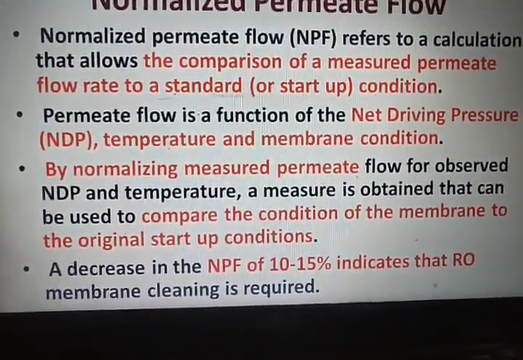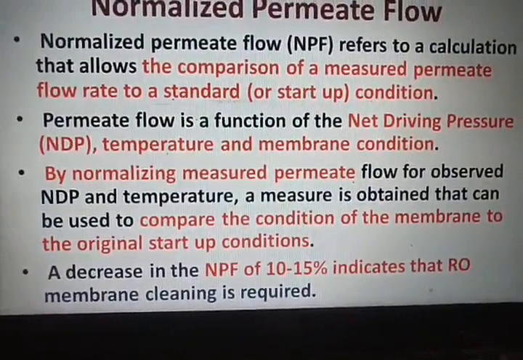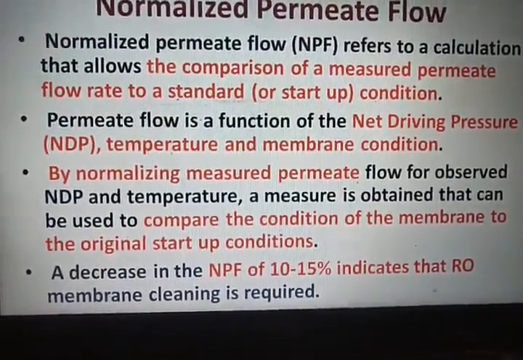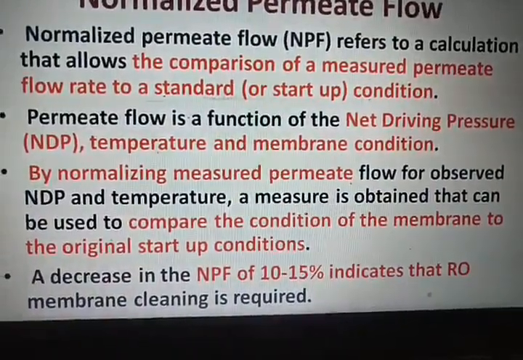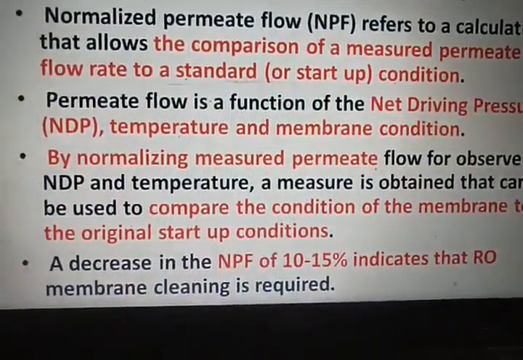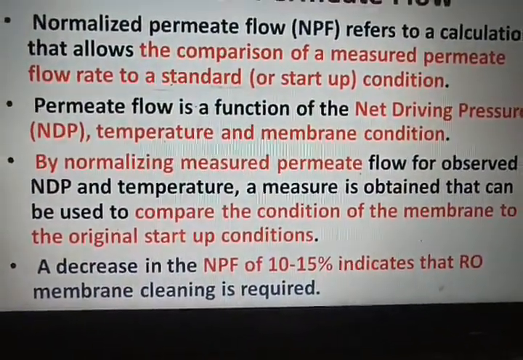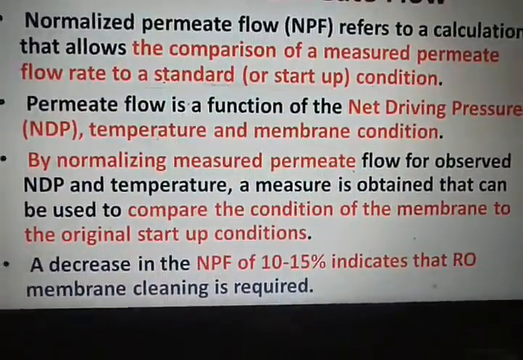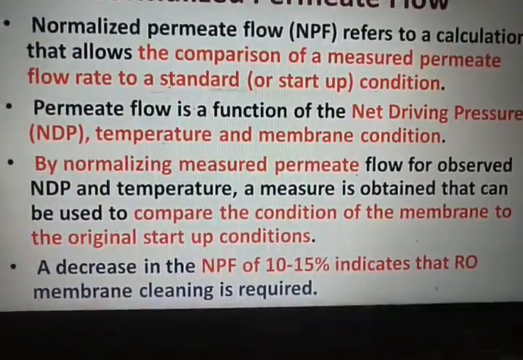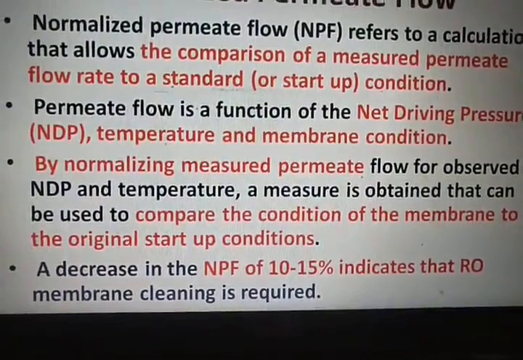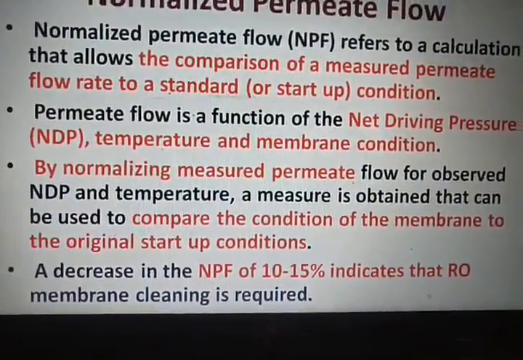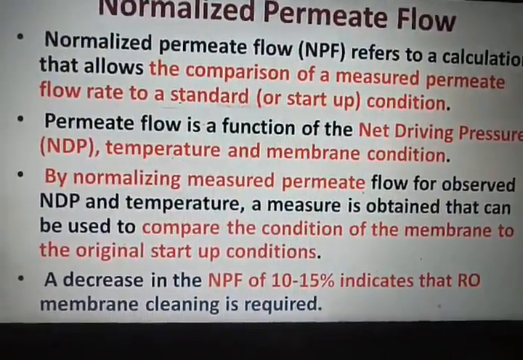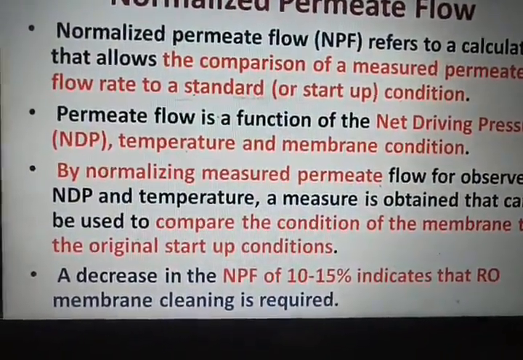That flow we call NPF, or normalized permeate flow. This permeate flow is a function of the driving pressure, temperature and membrane conditions. By normalizing the measured permeate flow for observed NDP and temperature, a measure is obtained that can be used to compare the condition of the membrane to the original startup conditions.